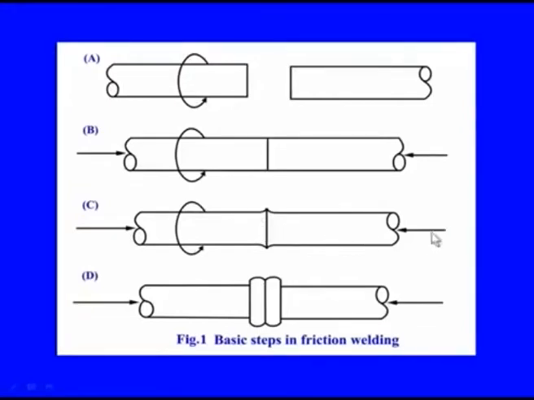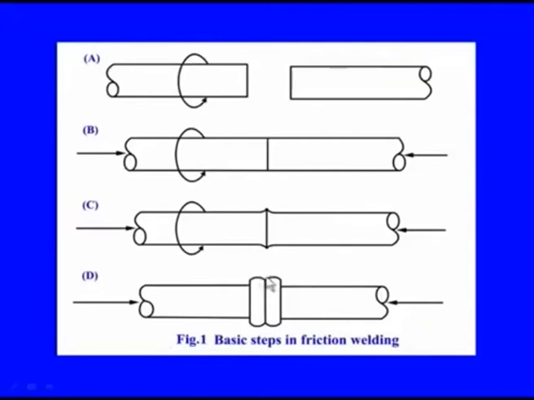Since they are already under pressure, they will form some sort of flashes like this. These are the signs of flashes being produced, and once we continue the pressure and stop this rotary motion, there will be a larger deformation at the point of contact, and this will make the joint between them.